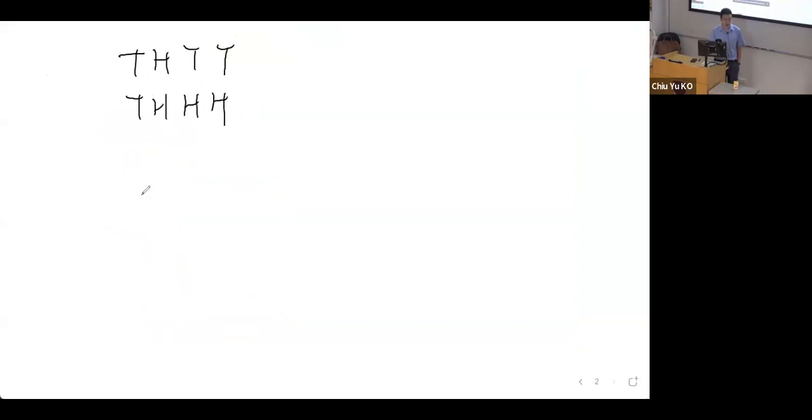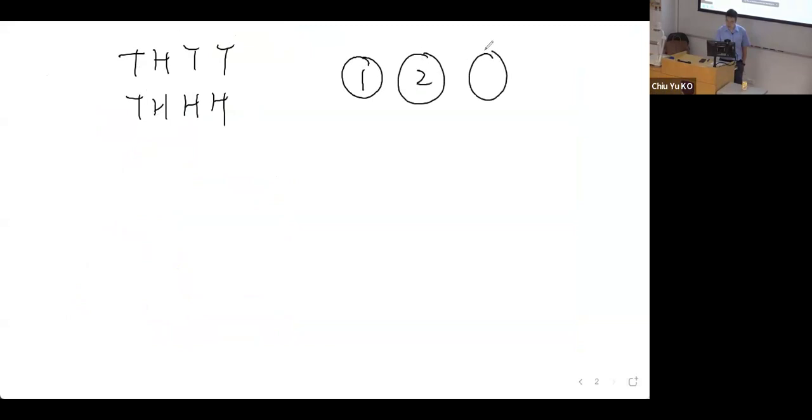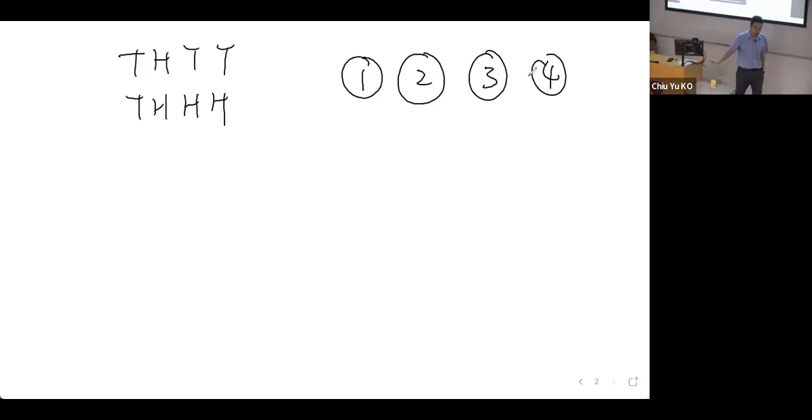There are 16 of them. So how can we convert this to a case where we are choosing things? Consider there are 4 different balls, because we're always choosing balls.